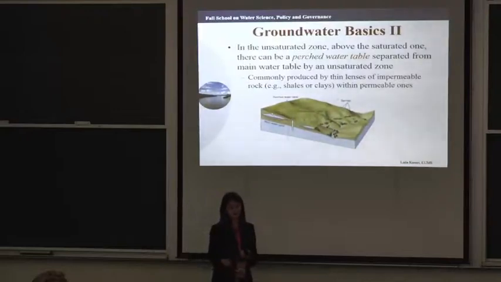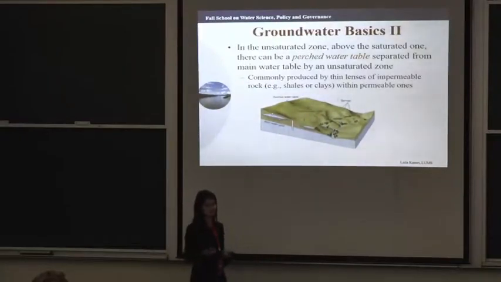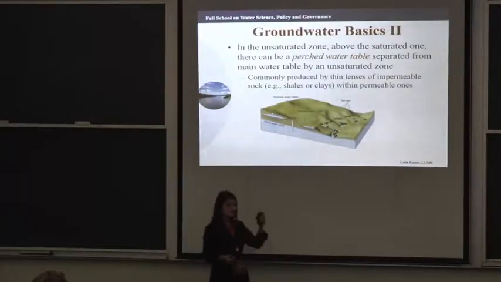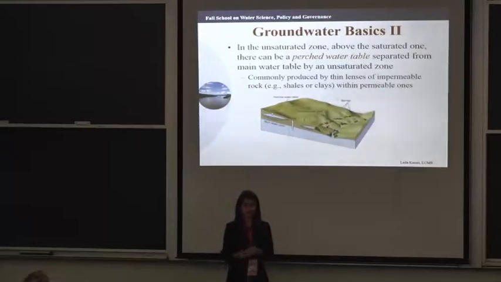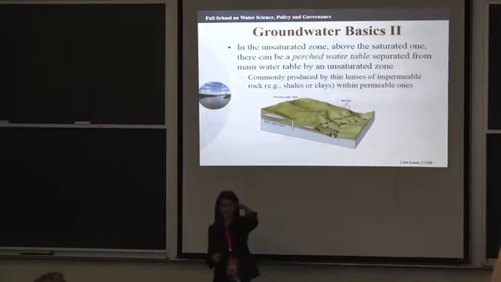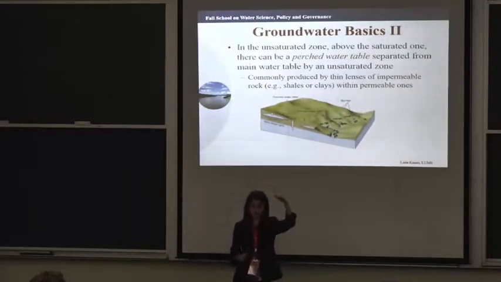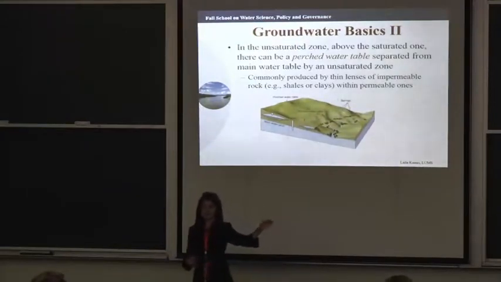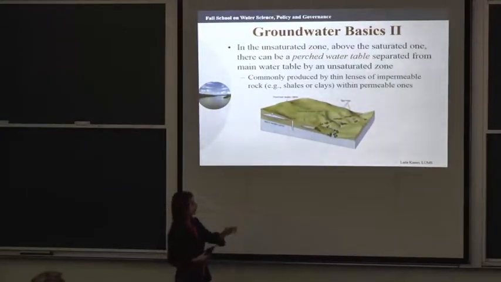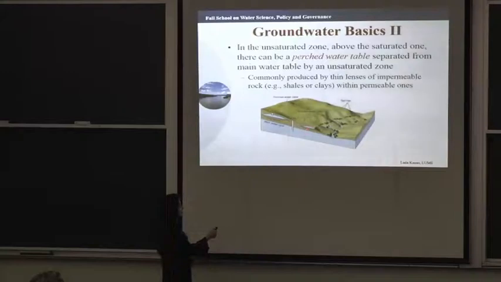Sometimes you can find a perched water table. This is even in the unsaturated zone. The top of the saturated zone is the water table, then above it is the unsaturated zone. In the unsaturated zone, you may find a perched water table which is completely separated like this. This is supposed to be your main water table.